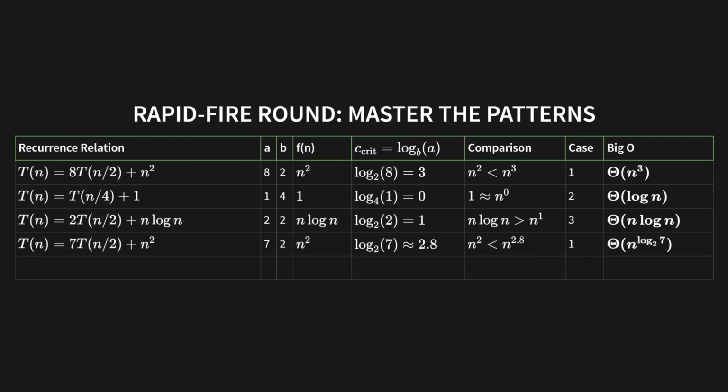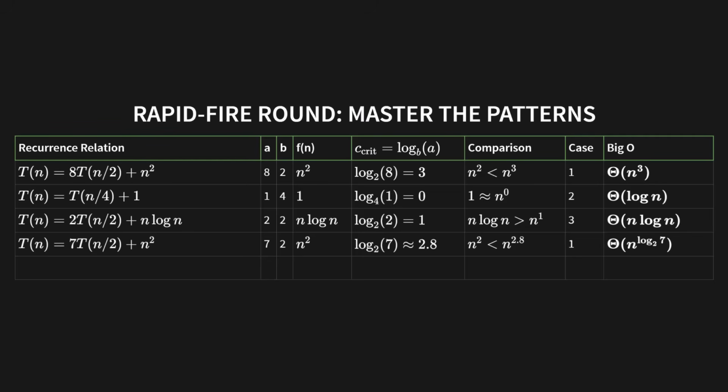Fourth row, let's go faster. T(n) equals 7T(n/2) plus n squared. a is 7, b is 2. The critical value, log base 2 of 7, is about 2.8. We compare n squared to n to the 2.8. n squared is slower. That's case 1 again.